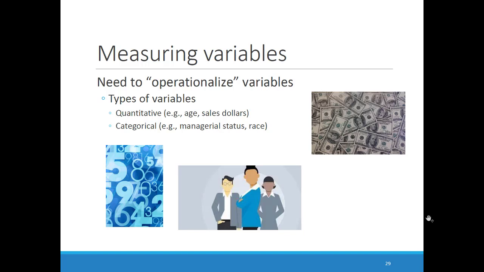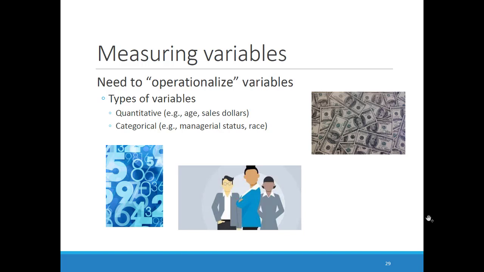Now, you also have something called a categorical variable, and this is a variable where you have different categories within that variable, and you could even assign numbers to those categories. However, those numbers don't have inherent meaning on their own. Let's use the example of managerial status.